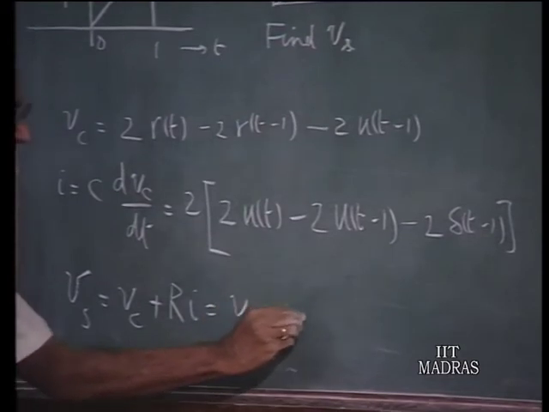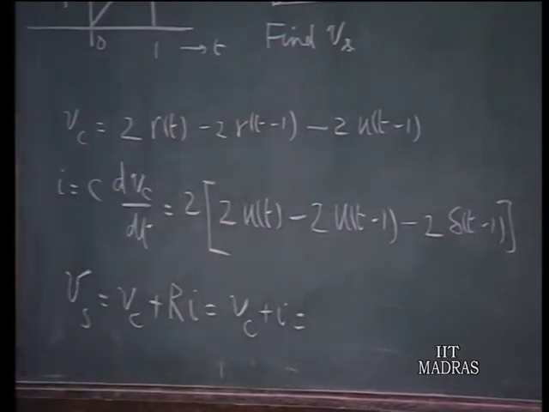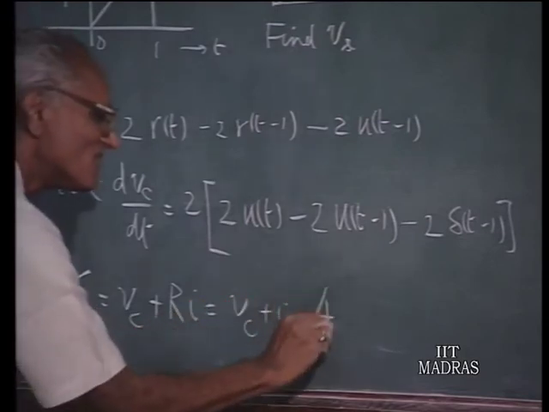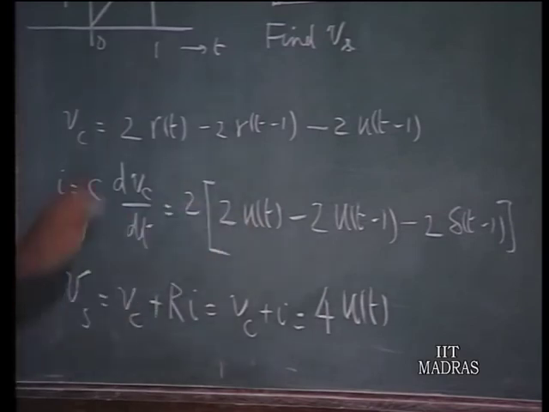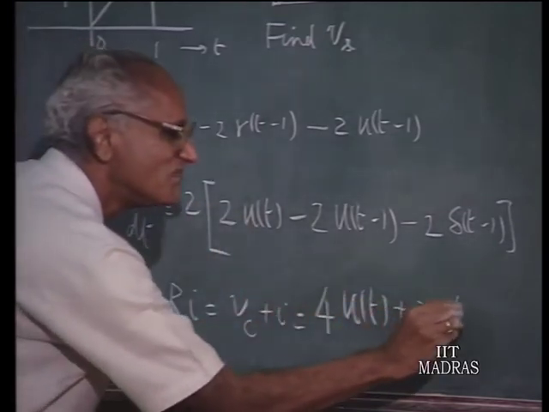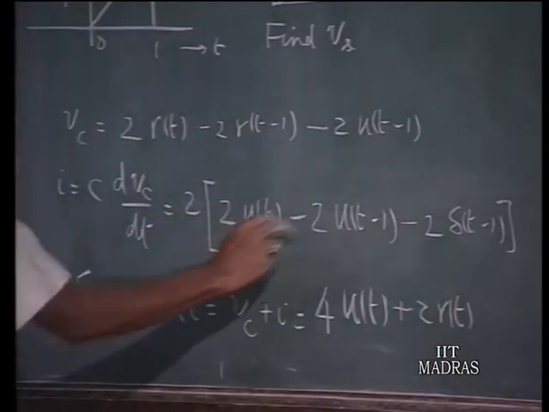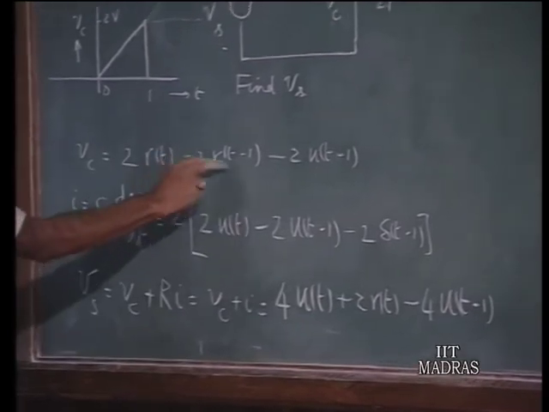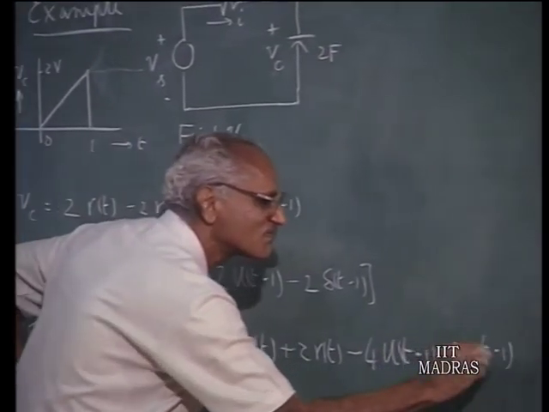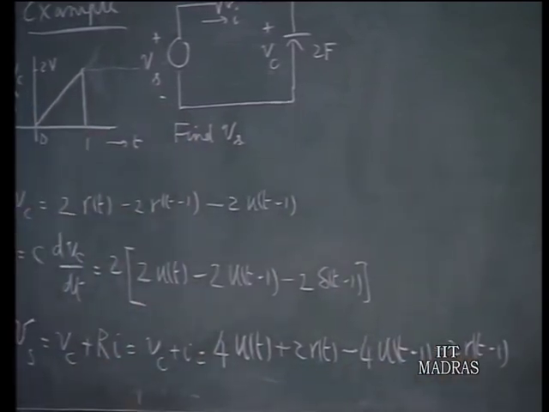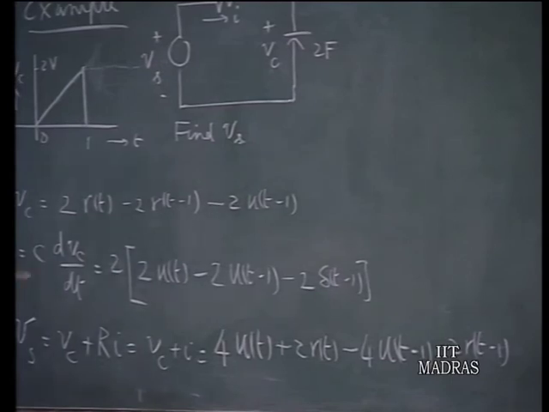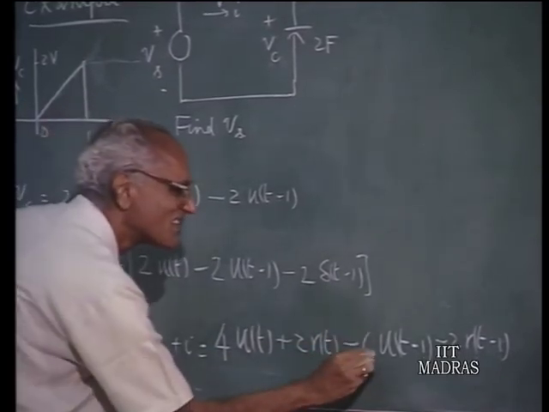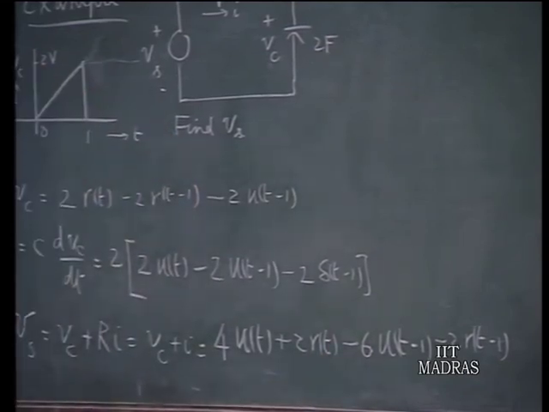Therefore, the sum of these two, Vc plus I, will give me the value of Vs. Combining these two, you have 4u(t) here plus 2r(t) from this one, minus 4u(t minus 1) from this, minus 2r(t minus 1) from this one, and minus 4u(t minus 1), and there is another 2u(t minus 1), therefore I must write here 6u(t minus 1), minus 2r(t minus 1), and then in addition you have minus 4 delta(t minus 1).